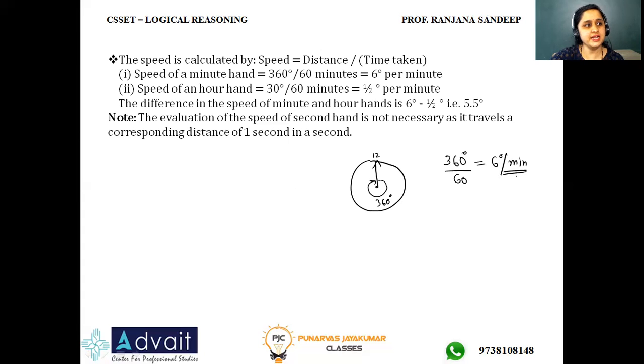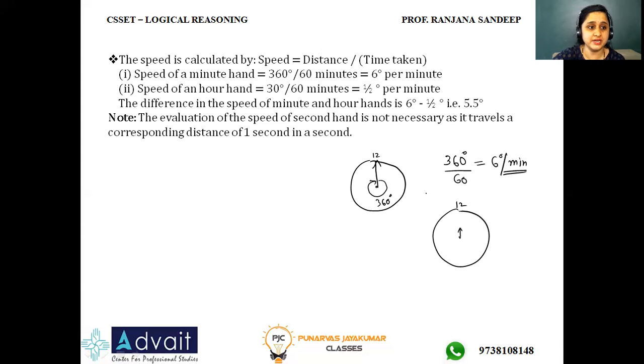Now the next, speed of an hour hand. If I consider the original position of our hand at 12, after 60 minutes, that is 1 hour, the minute hand is going to cover 360 degrees.